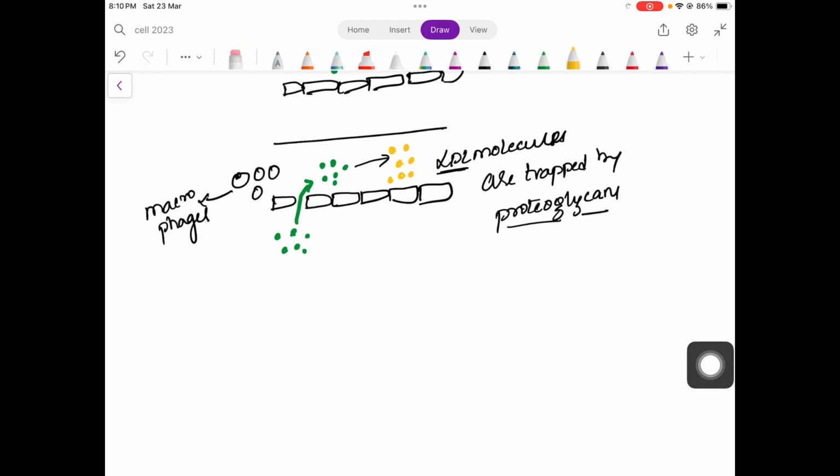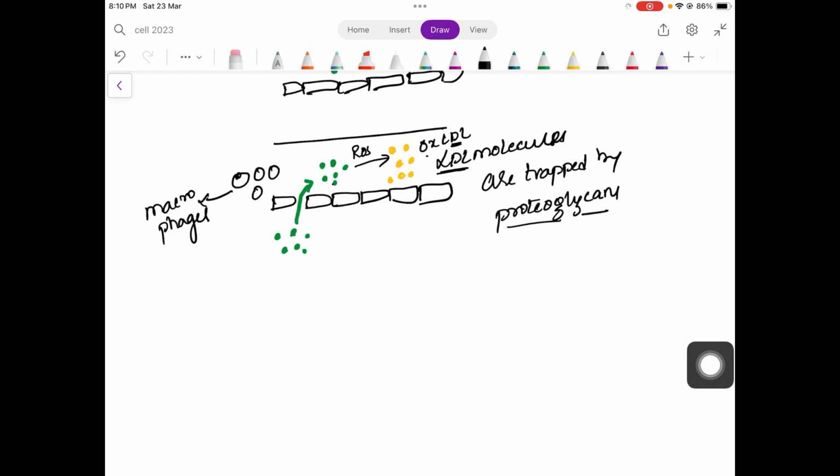There are reactive oxygen species. ROS will be there, and these reactive oxygen species will convert normal LDL molecules into oxidized LDL molecules.